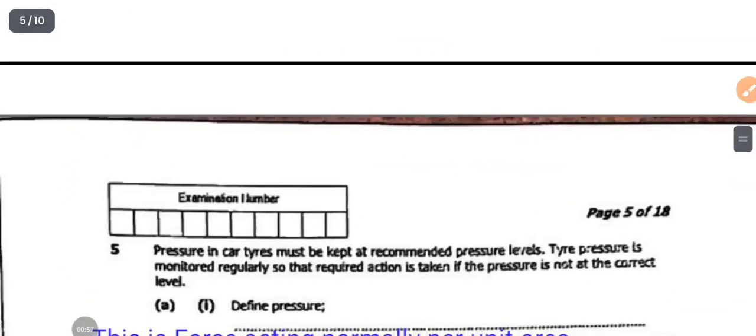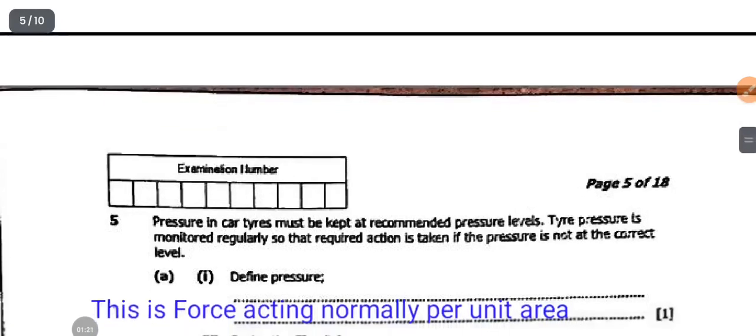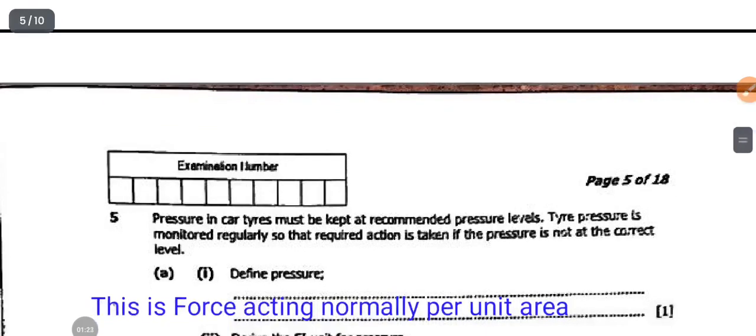Question 5. Pressure in cutters must be kept at recommended pressure levels. That pressure is monitored regularly so that required action is taken if the pressure is not at the correct level. Question A1. Define pressure. Pressure is defined as force acting normally per unit area.